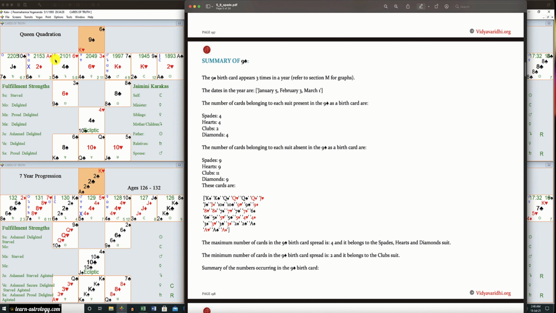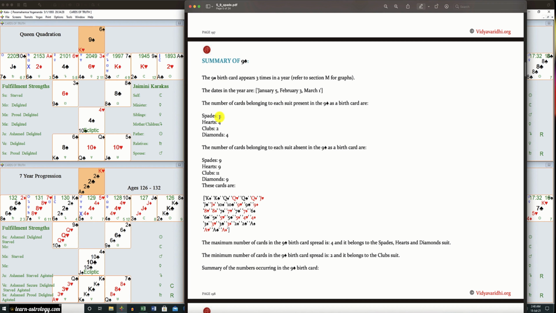Then he gets 2 planets in the clubs, which is the Jupiter card, and then 2 planets in the hearts, which is the Mercury card. This Mercury card has Pluto and Neptune, and he gets another Moon in the Two of Hearts. So he gets 3 planets in the hearts, 6 planets in the diamonds, 2 planets in the clubs, and only 1 planet in the spades, which is the Jack of Spades.